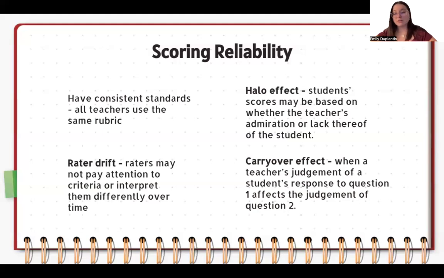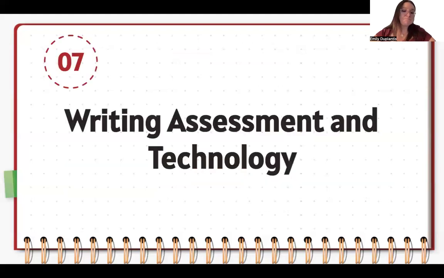So take it how you will. But it also does help to keep me mentally focused on what am I looking for specifically? And that kind of goes back to that rater drift of making sure I'm looking for the right criteria as I'm grading these written responses.